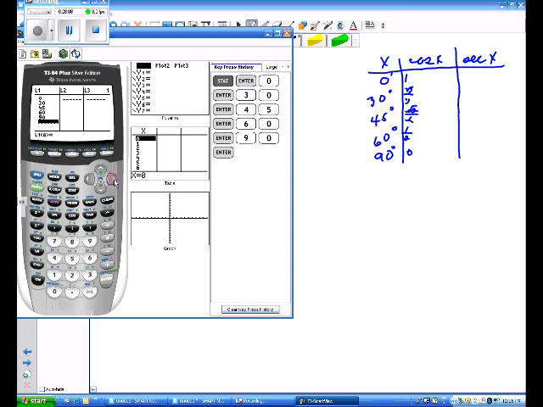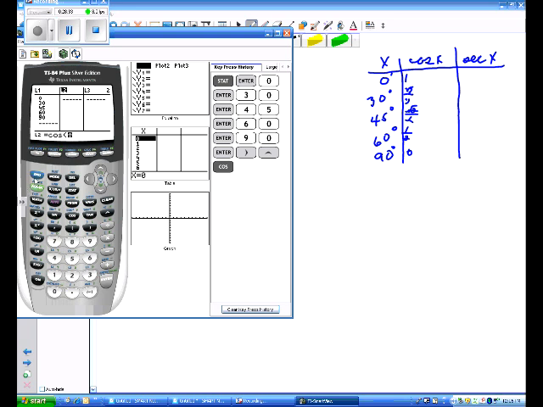Now we're going to arrow over to the second column. What we're wanting to do here is to put something up at the top. So we're going to arrow up to L2. And what we're wanting up here at the top is cosine. Now, we don't want just cosine x. What we want is the cosine of these values. And so that's L1. The way you find L1, it's right above 1.